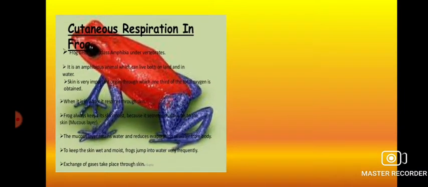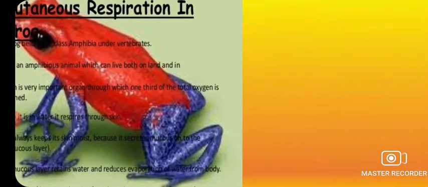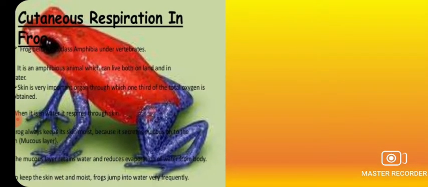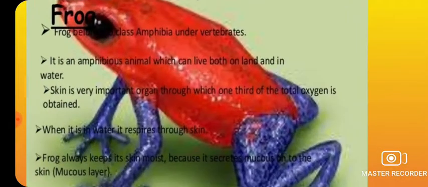When respiration is happening through the skin, this respiration is known as cutaneous respiration. See, this is the picture of how this is happening. Now it is an amphibian animal, so it can live both in water and on land.